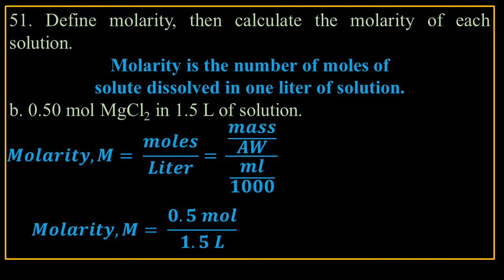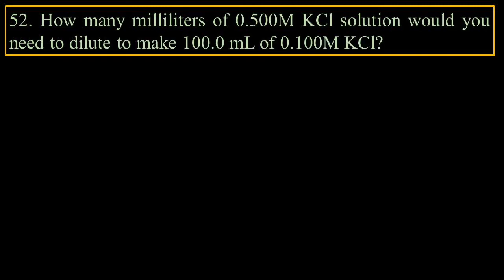So get out your calculators and see if you can estimate it first. Gave some hints, and the answer is 0.33, a third. It's a third, because 0.5 is 1/3 of 1.5. So you should be able to do that one using some clever mental math.